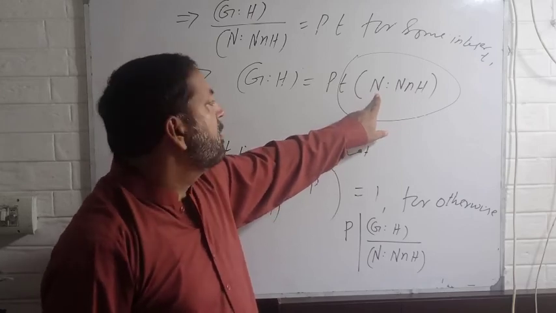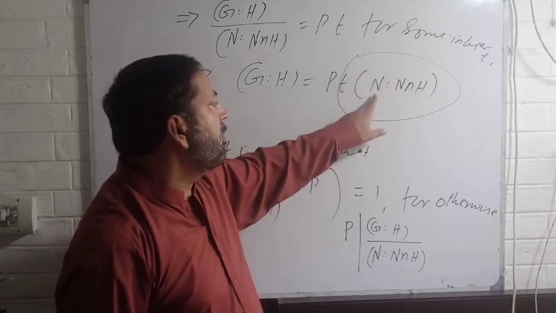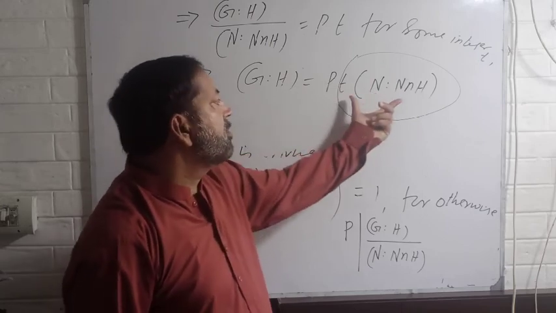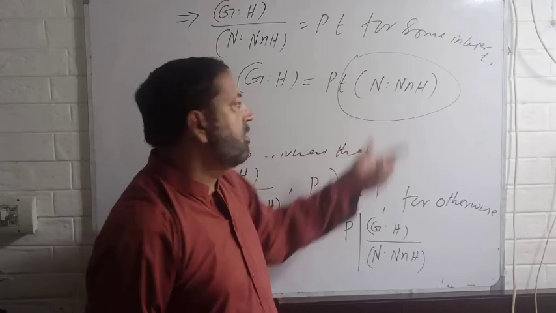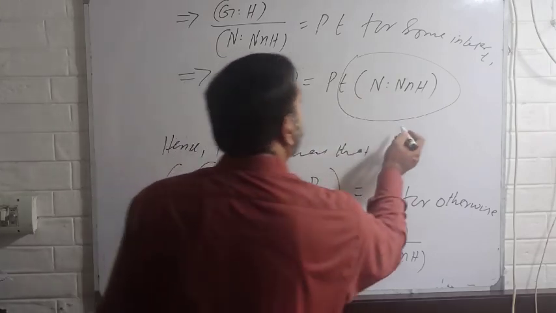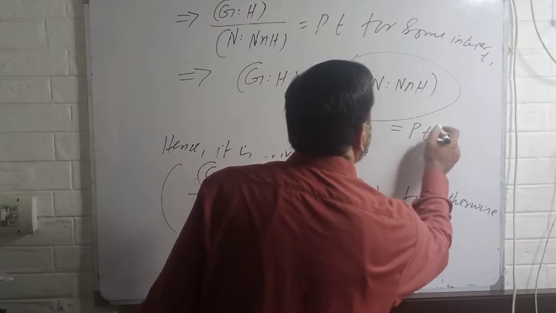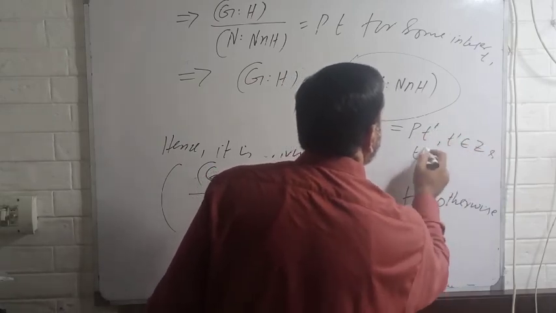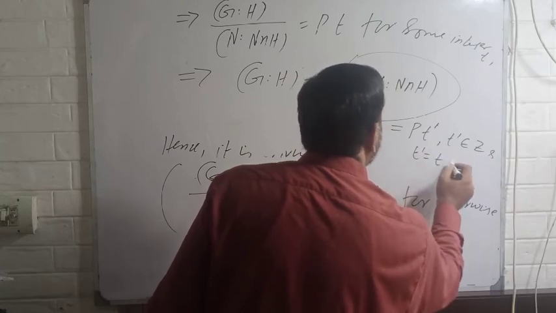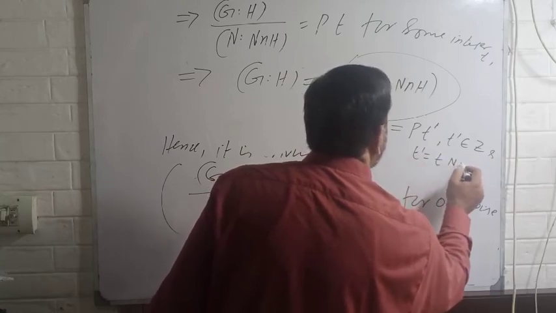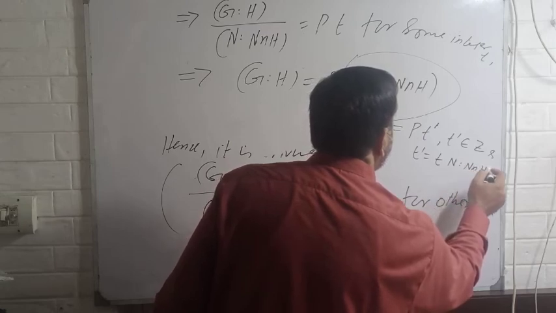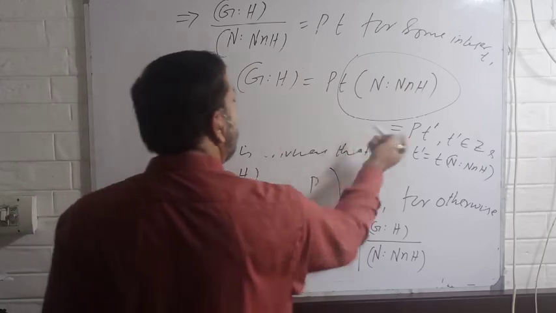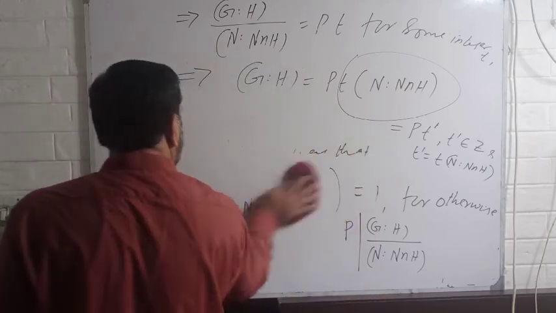It's a divisor of the order of the group capital N. So t is an integer, so the product of integers is an integer, right? This is equal to some Pt', where t' belongs to Z and t' is equal to t times index of N intersection H in N, right? So this is equal to Pt', right?